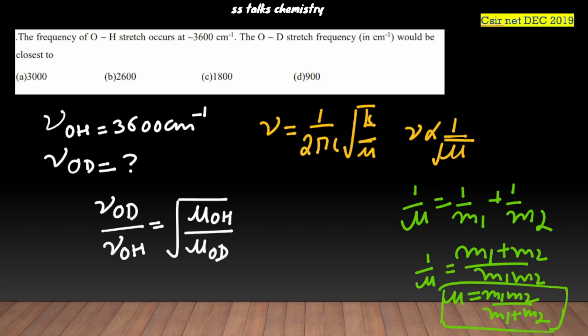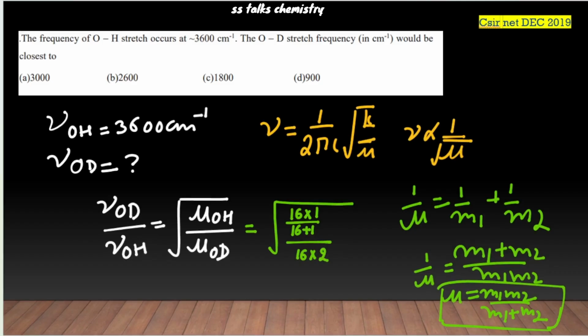So this formula for the reduced mass is what we are going to use now. Instead of m1 and m2, the masses of oxygen and hydrogen will be taken in one case, and in the other case the masses of oxygen and deuterium. So it will be equal to the square root of, the mass of oxygen is 16 into 1 upon 16 plus 1, upon the reduced mass of OD, that is 16 into 2 upon 16 plus 2. Let's shift to a new slide.